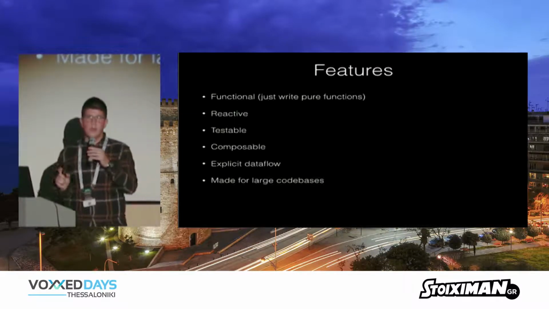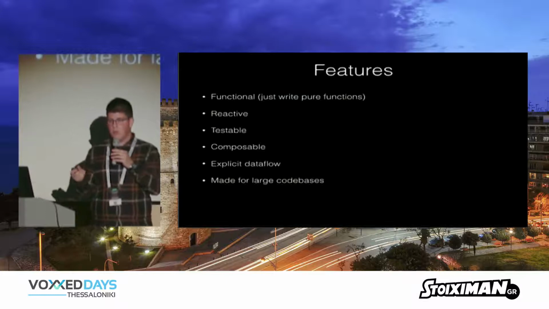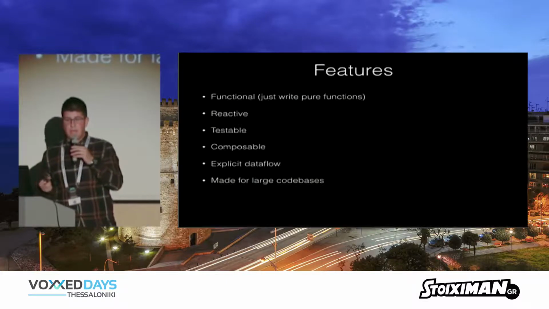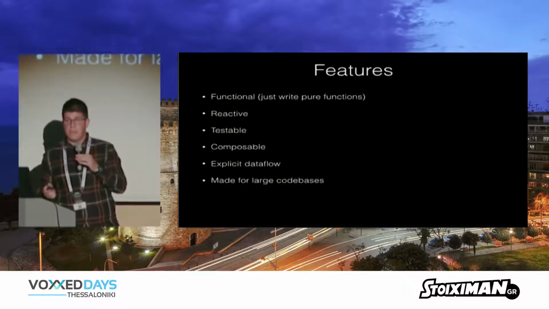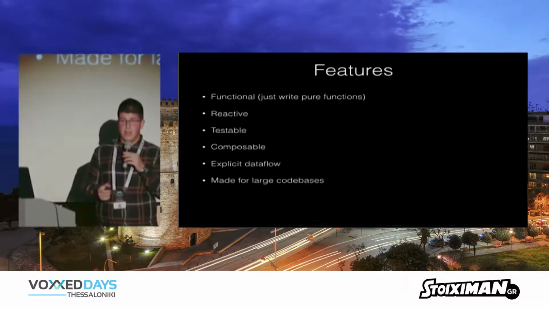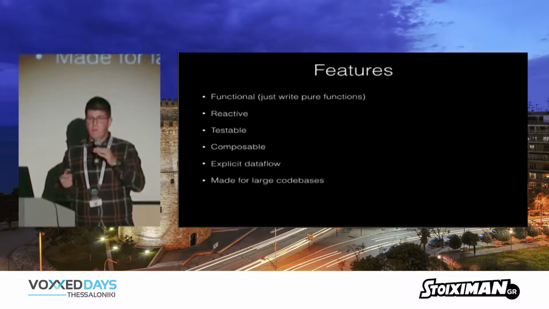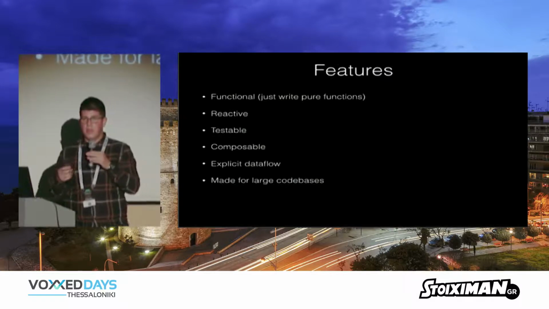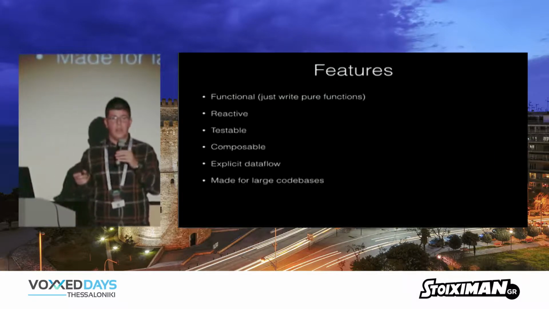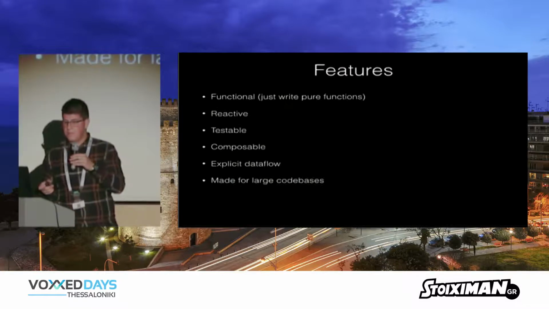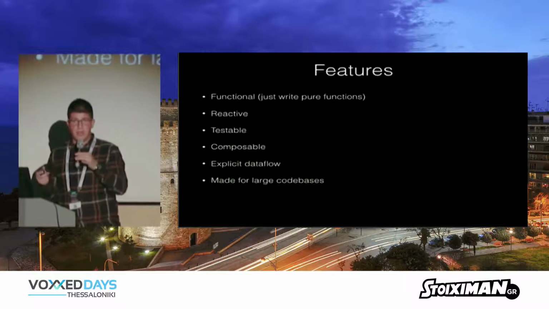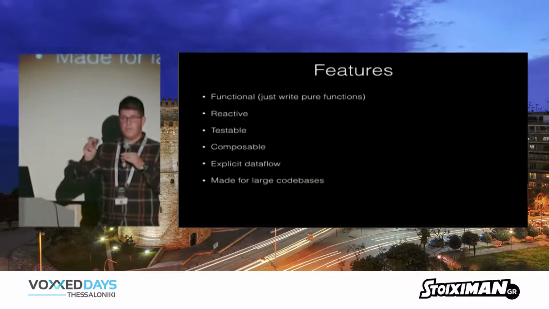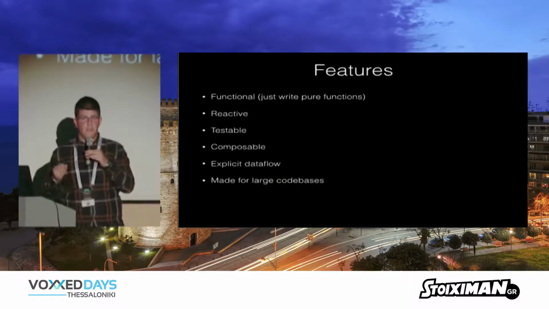You don't need to write any code to explain how you want the data to work. And it's made for large code bases. This is a discussable thing, but I was able to easily work with some larger apps written in Cycle.js because there are no actions, reducers, anything like that. Just files with pure functions inside, and that's it.